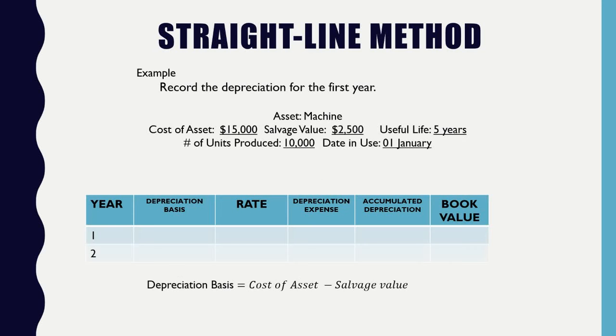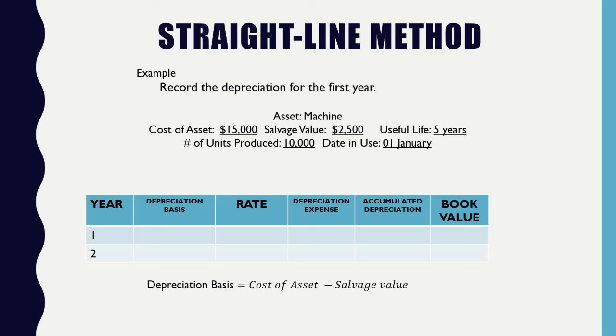Okay. So once again, let's take a look at our first example here. We bought a machine that costs $15,000. Salvage value is $2,500. Estimated useful life is 5 years. Number of units it could produce is 10,000, and the date that you place into service is January 1st.